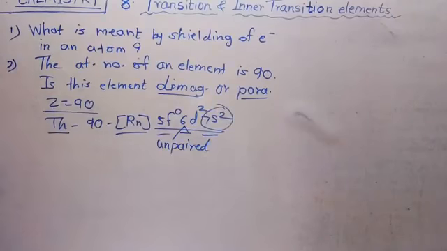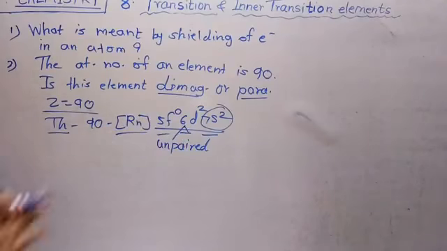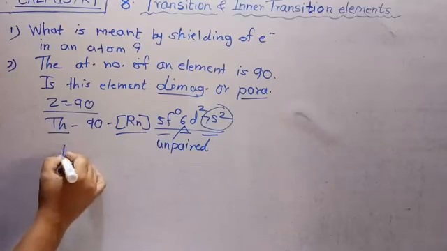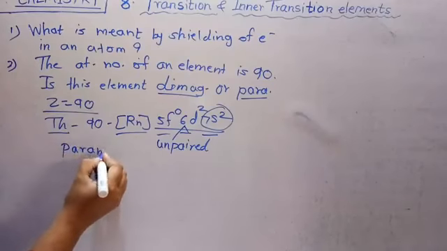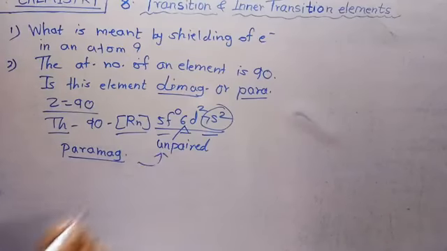There are 2 unpaired electrons present in the 6d orbital of the valence shell of element 90. So the element with atomic number 90 is paramagnetic in nature because of the unpaired electrons present in the valence shell. Clear?